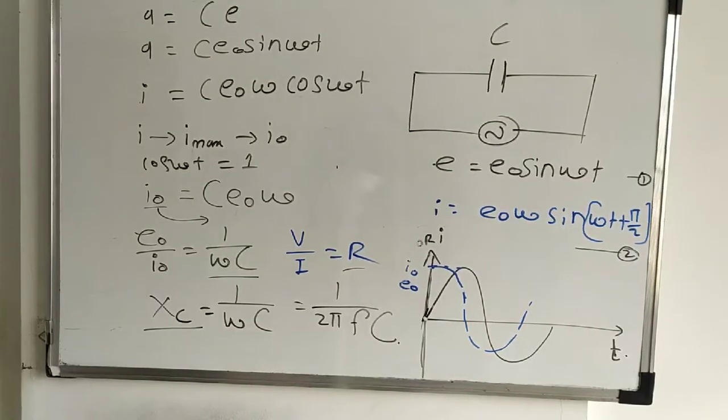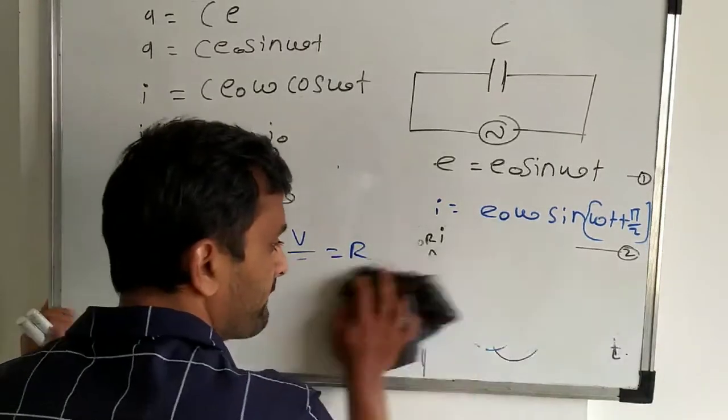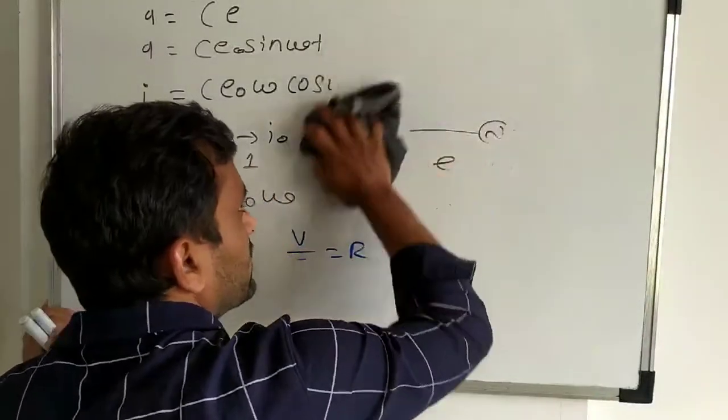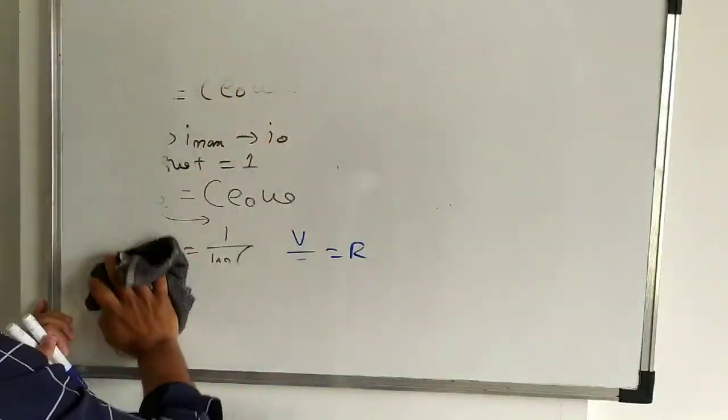In the same manner, what happens if we connect all three together in series with the AC circuit? If you connect inductor, capacitor and resistor to the AC circuit, then what happens? Now this is the next topic, the LCR circuit.